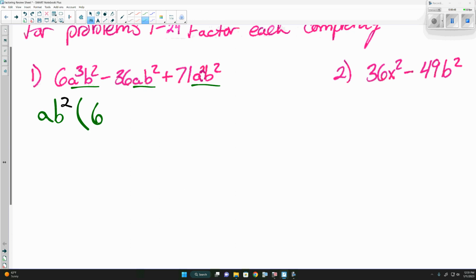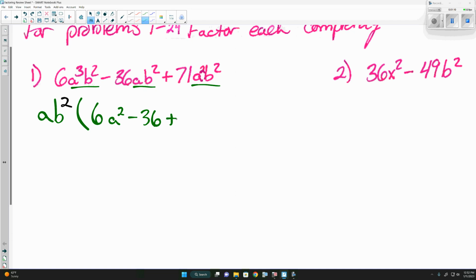So we'll still have the 6 because we're not factoring any numbers out. All the signs are going to stay the same. But if we factor out 1a from a cubed, we're left with a squared. And the b squared will factor out completely. Minus 36. And if we factor an a out of a, it simplifies out completely, and the same with b squared. So we're just left with minus 36.